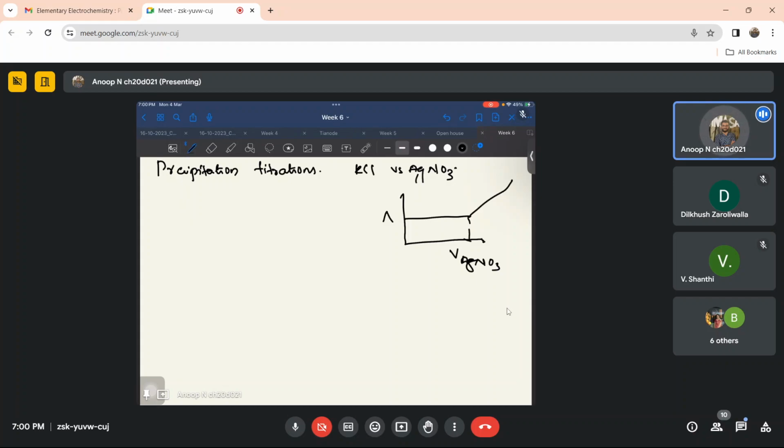So this is the equivalence point. Similarly, for all the examples in the class, the plot of conductivity versus volume of NaOH or volume of AgNO3 added was given. I think all of you will go through that, so it is clear.